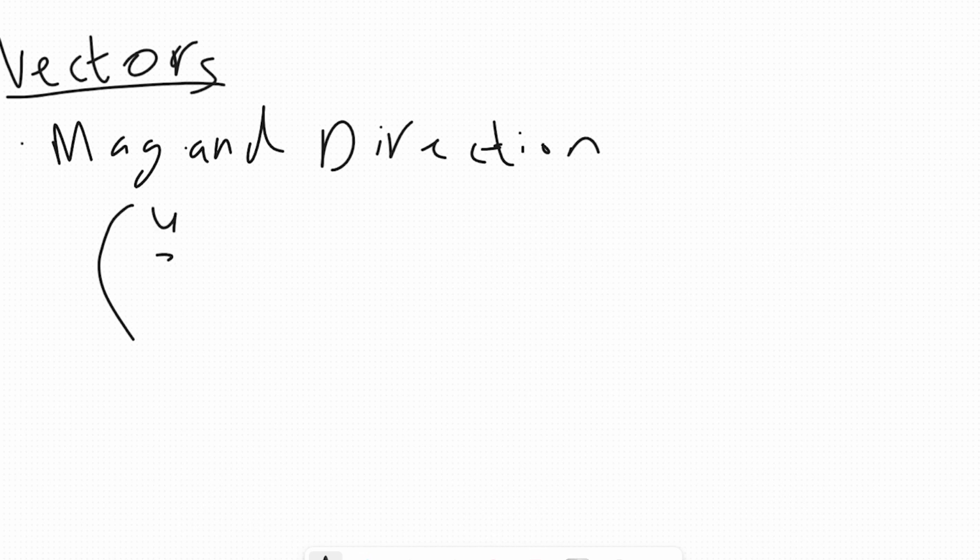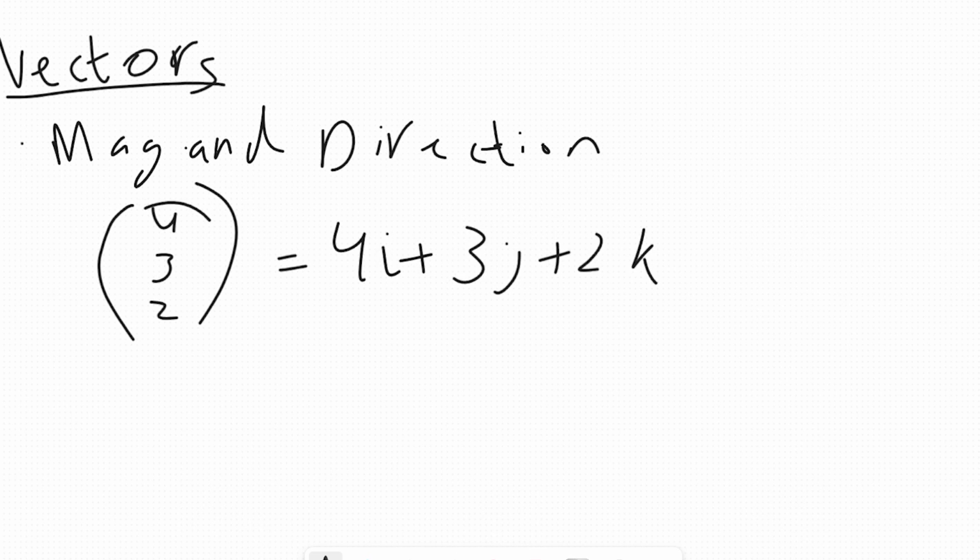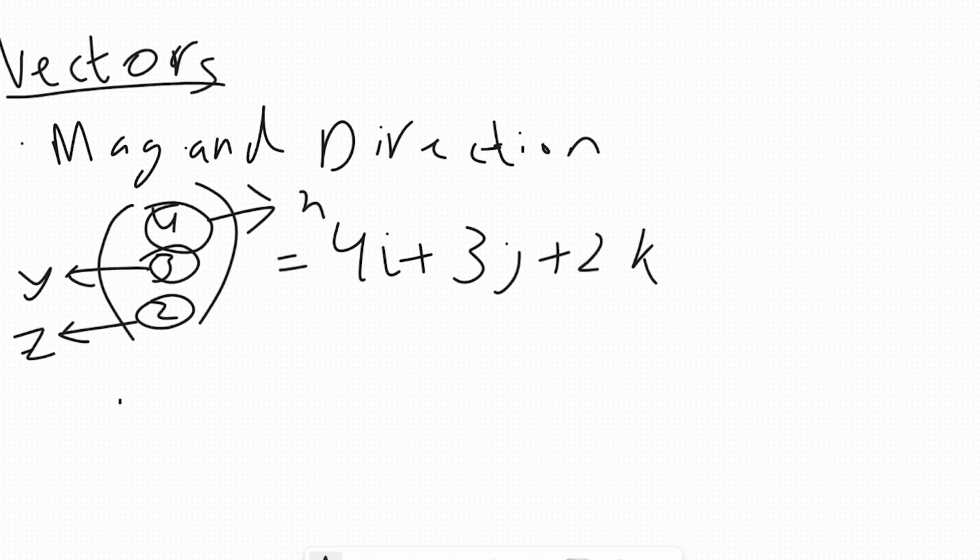Let's say I write 4 3 2. This is a column vector basically. Okay, and this could also be written as 4i plus 3j plus 2k. So this is the value of x, this is the value of y, and this is the value of z. On a plane, if we move from 0 0, this is the third axis.